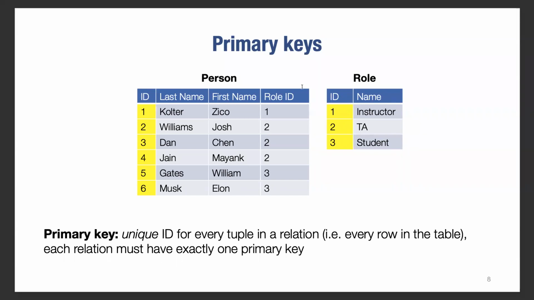That's the way to separate the record with ID 1 from the record with ID 3 and so forth. So the person table has a unique ID feature, while the role table also has a unique ID feature. And that is why you can see role ID 1 here and know that it belongs to instructor. And any other place you find the person relation and they say the person with unique ID 4, you can always come back to the person table and understand that that person is Mayank Jane.